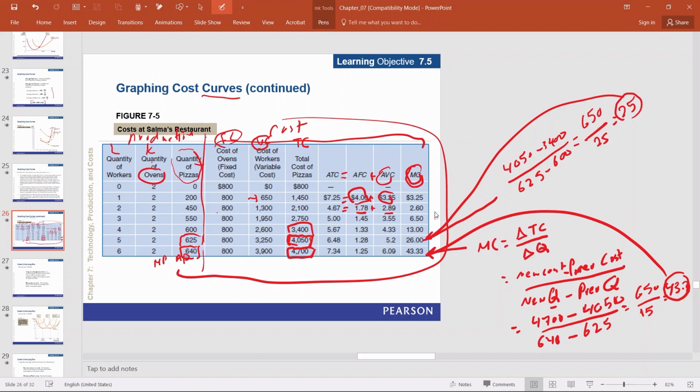So do this until you complete this column, and by that you will finish the process of calculations for all related types of costs.